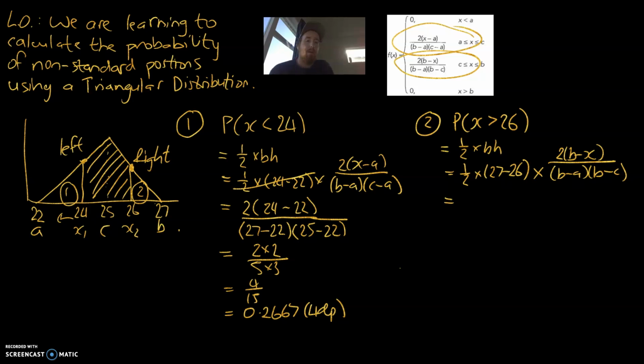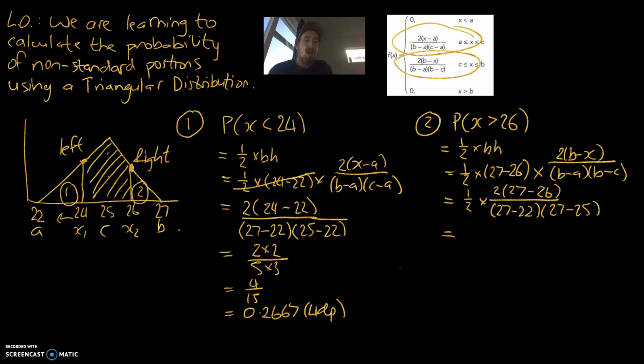So 1/2 times 1 stays 1/2. And then we've got 2, b was 27, and x is the x relevant to the triangle, which is 26. So do not write 24 for the x's here. b minus a is 27 minus 22, and b minus c is 27 minus 25.